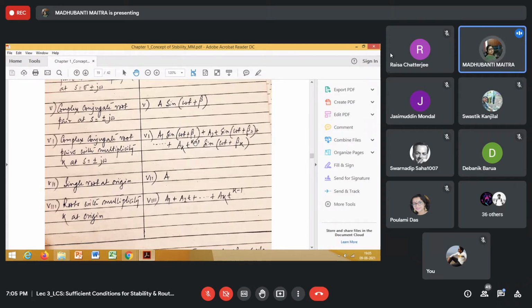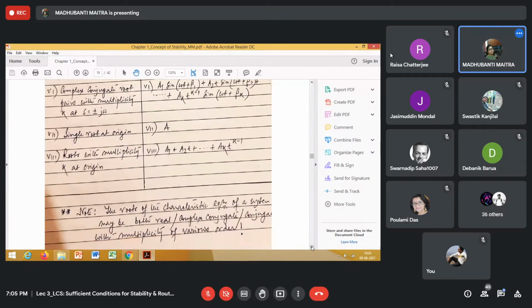So it will become unbounded and hence the system will be unstable. Here also the same logic will apply. A1, A2 t, right? Because of the presence of these t terms, as t tends to infinity, c(t) will tend towards infinity and the system will be an unstable one.